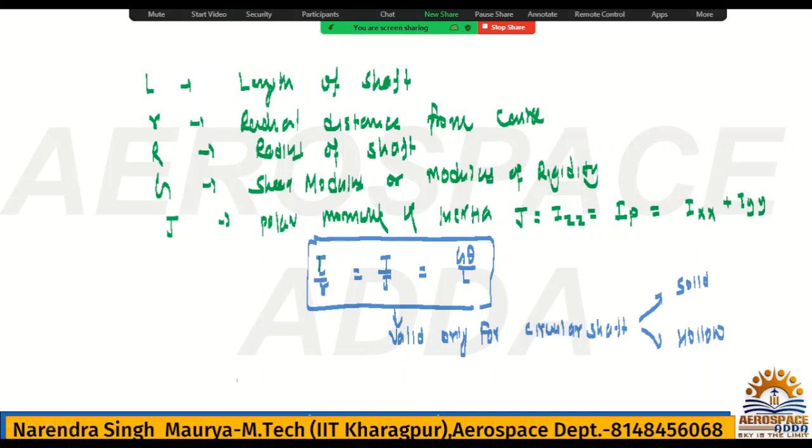One more thing you need to remember. It is not valid for composite shaft.